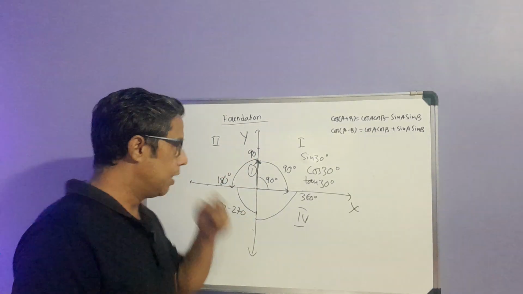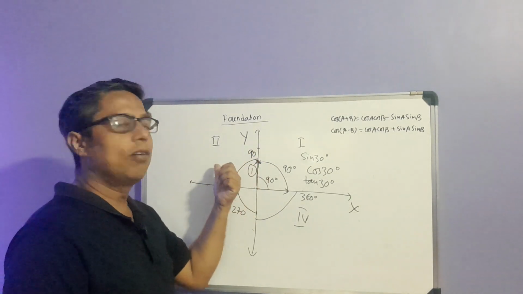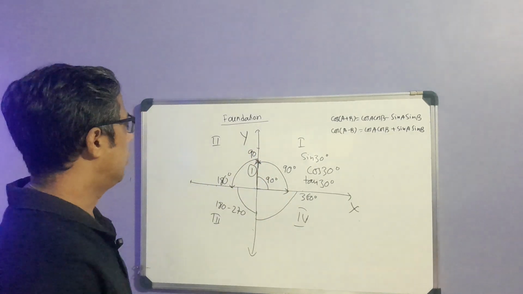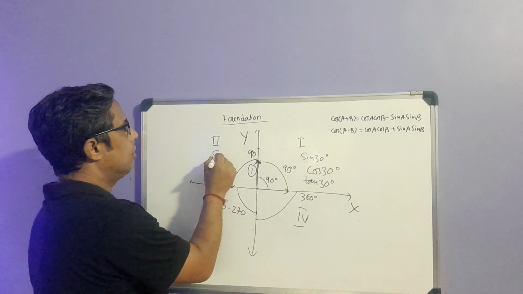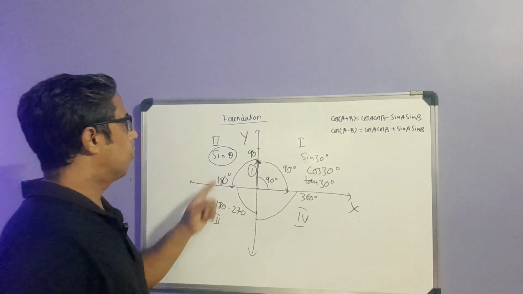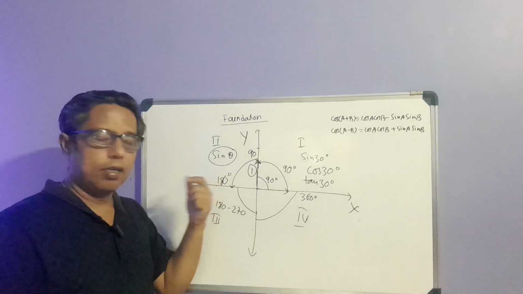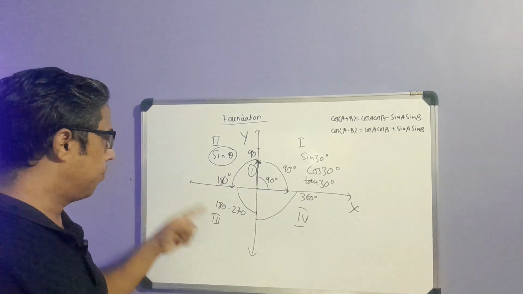This we can remember. Similarly, if I rotate here, in the second quadrant only sine values will be positive. Cos and tan will be negative in the second quadrant. In the third quadrant, what happened?